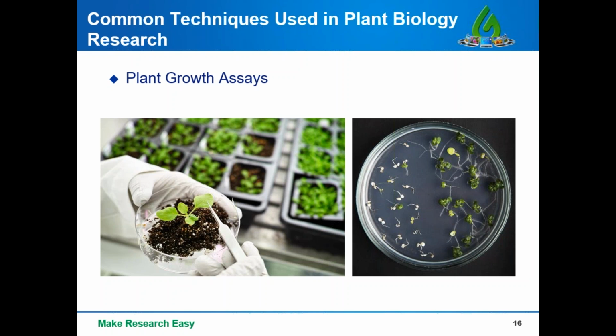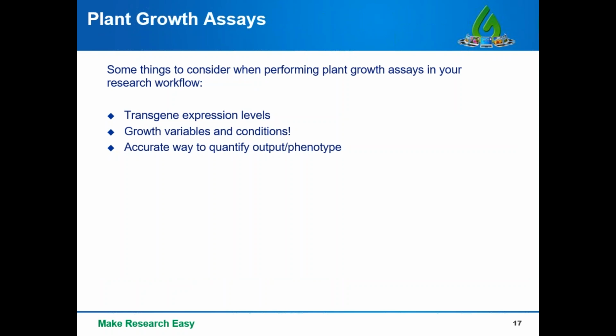The key to this, as you might imagine, is to maintain level growing conditions across all of your experimental plant transgene lines. The way to do this is to make sure that your transgene expression levels are level across all different transgenes and wild type levels, to keep your growth variables and conditions steady, and also to have an accurate way to quantify your output and phenotype.